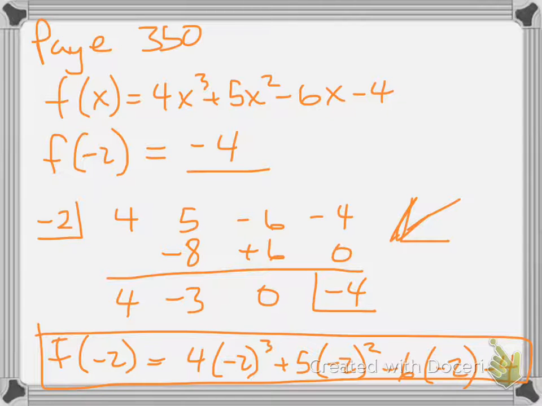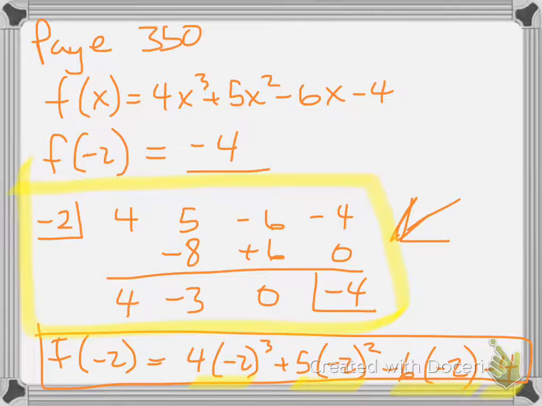Agreed, right? I mean, it's kind of a slick thing, and it's almost magic if you think about it. Listen. What we're actually doing when we evaluate this synthetic division process here is we're doing 4 times negative 2 cubed plus 5 times negative 2 squared minus 6 times negative 2 and then subtracting 4.